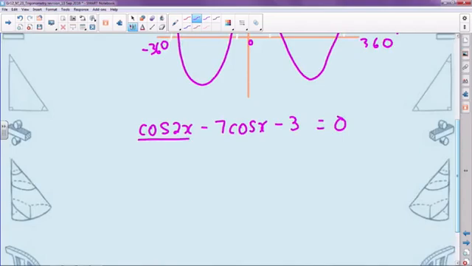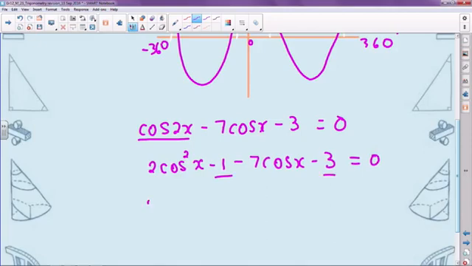In this case, we know that cos of 2x does have an expanded form. We can rewrite that as 2 cos squared x minus 1, and I will leave the minus 7 cos x and the minus 3 as they are. I can simplify a little bit further, so I get 2 cos squared x minus 7 cos x minus 4.